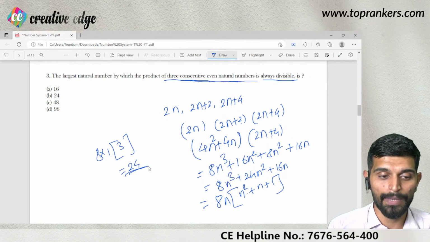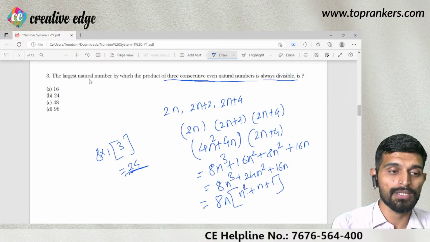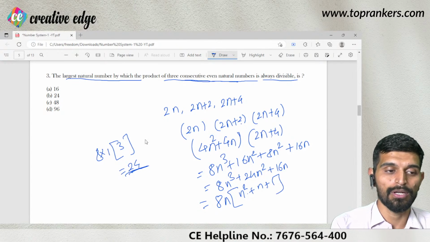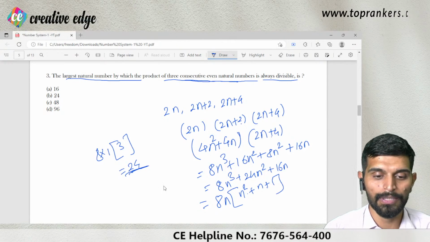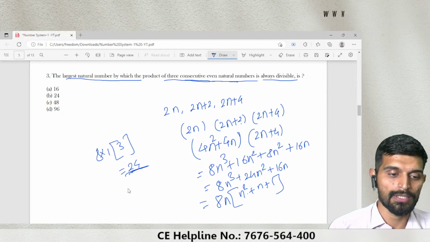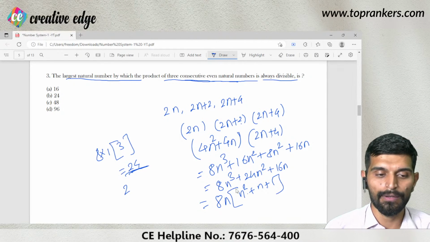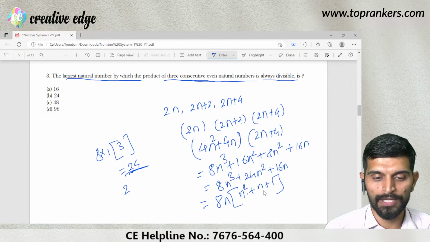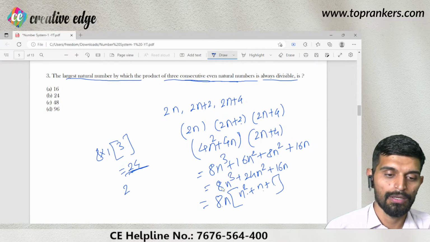So this is the minimum, but what we are asked is the largest natural number. So the maximum can be, if we take this n as 2, then that will give you 2 square 4 plus 2, 6 plus 1, 7, right?